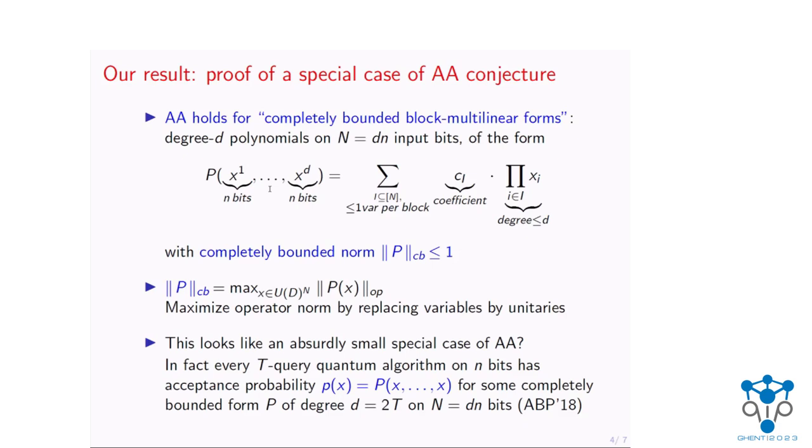So I think this is going some way in the right direction, but it's definitely not a proof of the general Aaronson-Ambainis conjecture. And what I want to do now is just give a proof sketch for the special case where p is of this form. It's degree d, it's block-multilinear, and its completely bounded norm is at most 1.